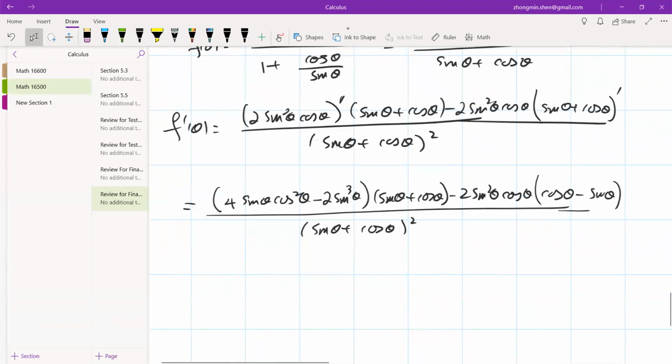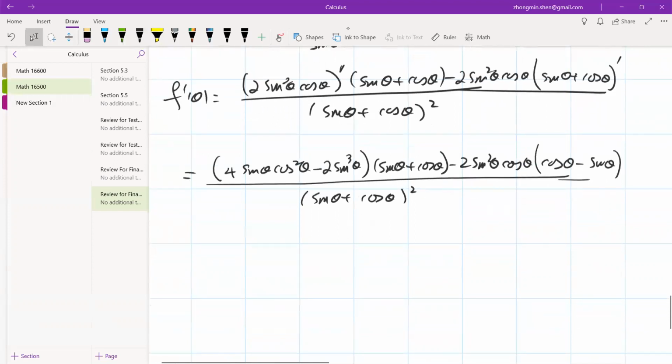But you can probably still simplify a little bit. You have 3 terms in the numerator maybe. You get cosine sine square theta, cosine square theta, sine cubic theta, cosine theta. Yeah, that's 3 different types of functions. So we stop here.